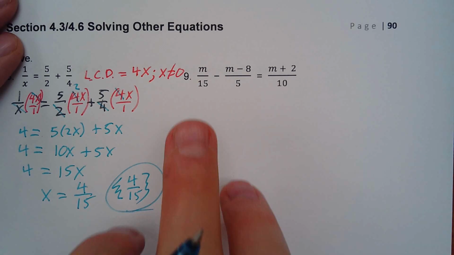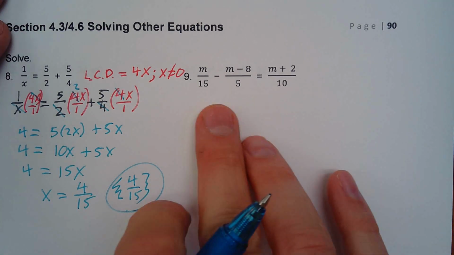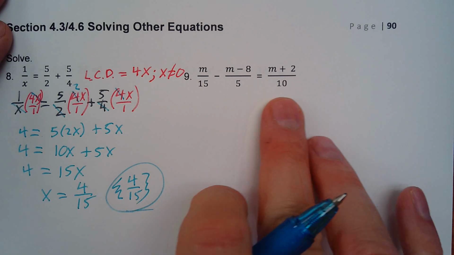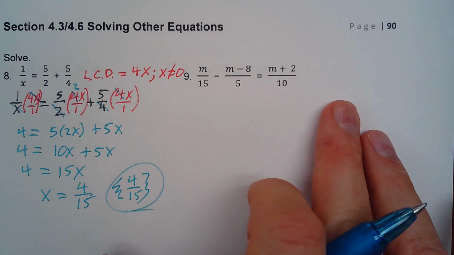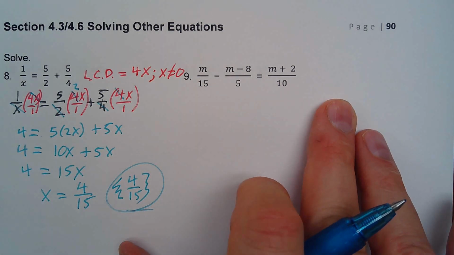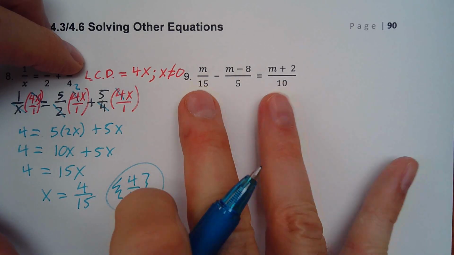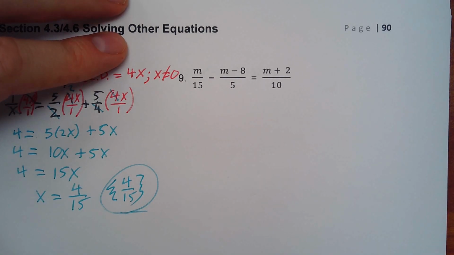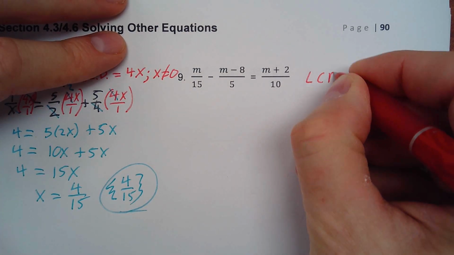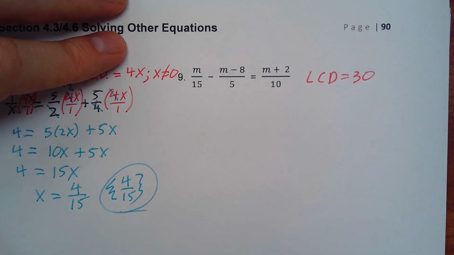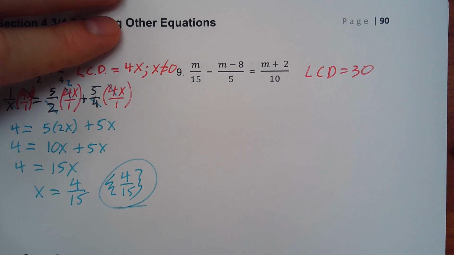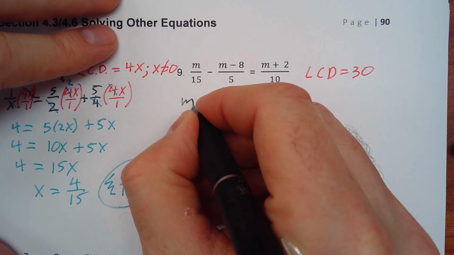Now, on this one, again, I'm looking at my LCD. I don't have any variables in the denominator, so I actually don't have any restrictions. But looking at 10 and 15, the LCD would be 30. So we're going to go ahead and multiply every term on both sides by that 30.